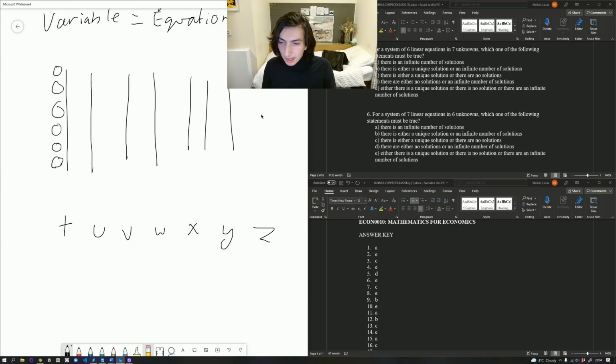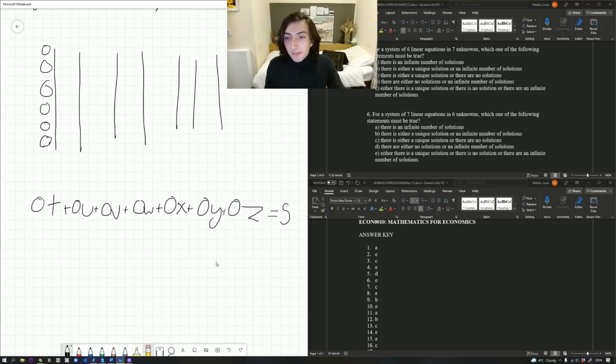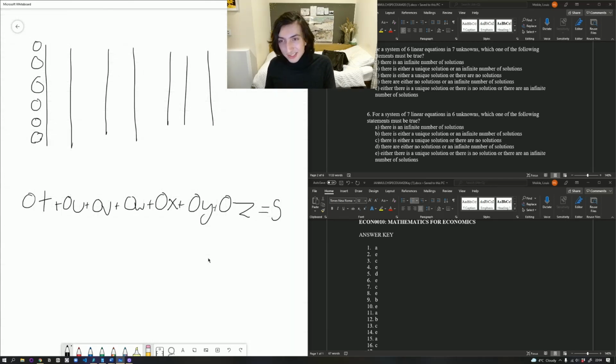And I can have a 0 solution, because I can essentially say that these could all be times by 0, like we've seen in the previous question. These could all be times by 0, and I could have like nothing. Essentially, I could have something that like equals 5. This would be false, so this is possible. Okay, remember, as long as you have these equations, there's always going to be the possibility of a 0 solution. Okay, you could have no solution to this.